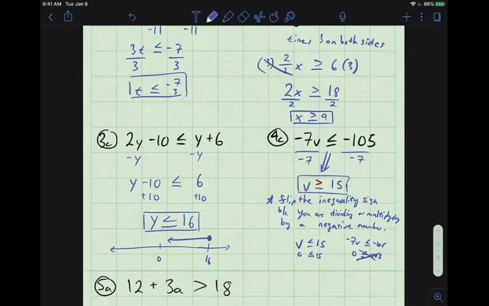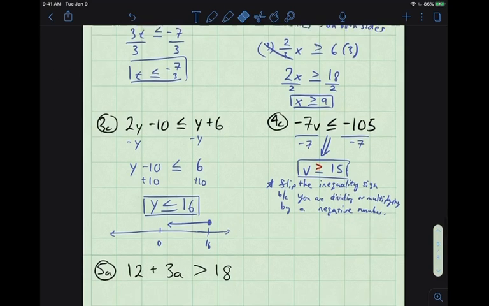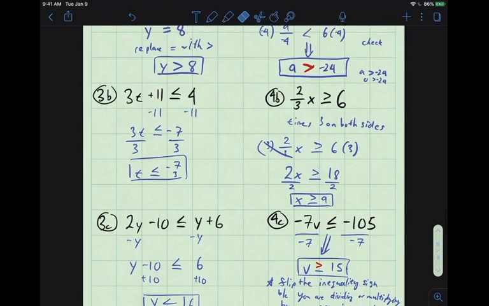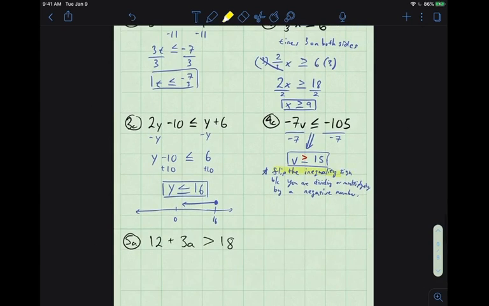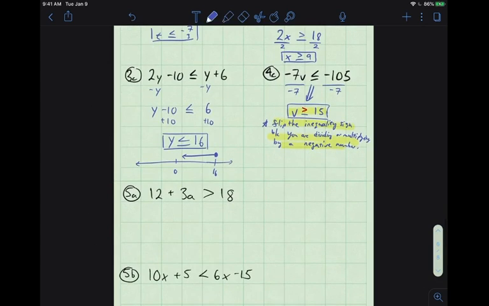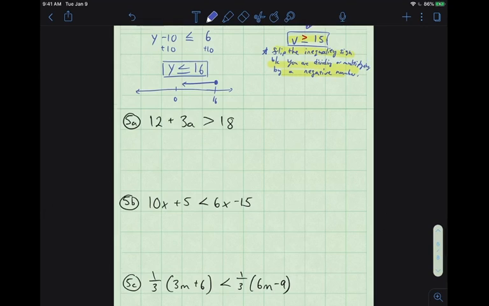So it's false. This is the wrong answer here. It's that opposite relationship when dealing with negatives that causes us to flip the sign. So that's as complicated as it will get. That's like the one new rule, I guess.